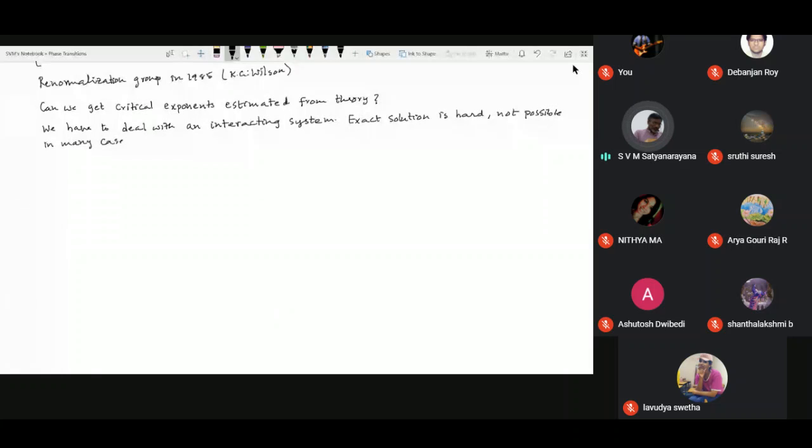And how do we make progress? We can make progress in two different ways. Okay, so two ways to make progress. And the first way is to approximate interactions.